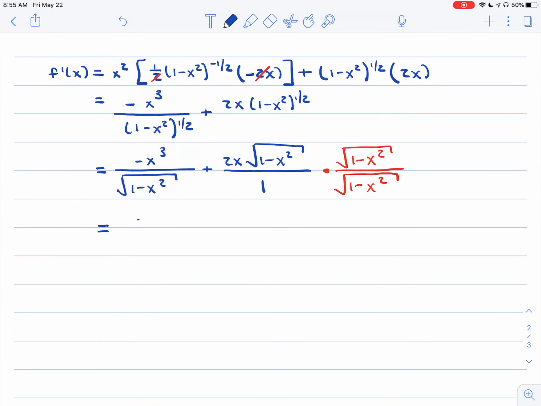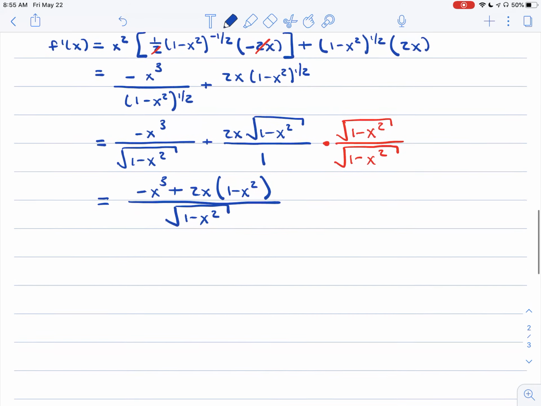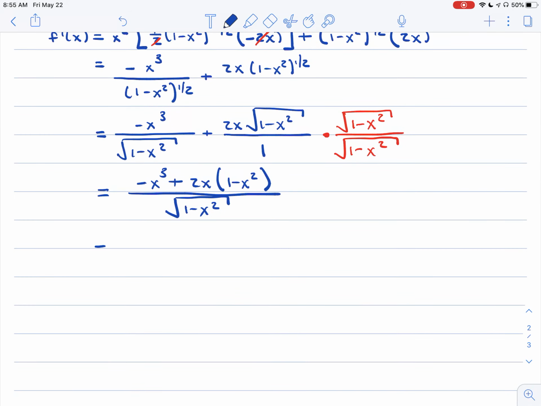All right, so then we would have negative x cubed plus 2x, and of course, square root times itself is just going to give you the radicand, so that would just give us the 1 minus x squared, and that's all over that common denominator, square root of 1 minus x squared. All right, a little bit more simplifying to do here.